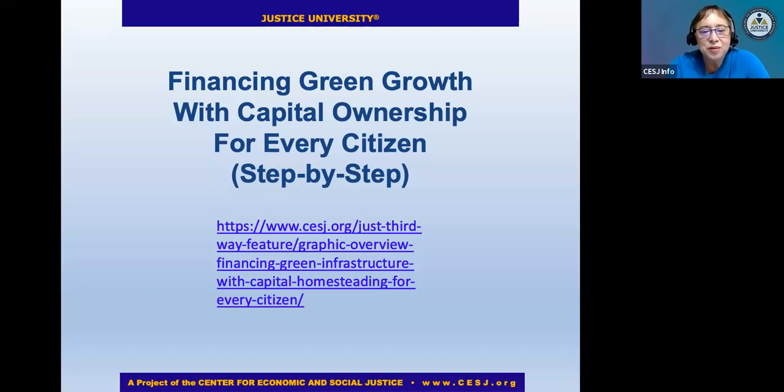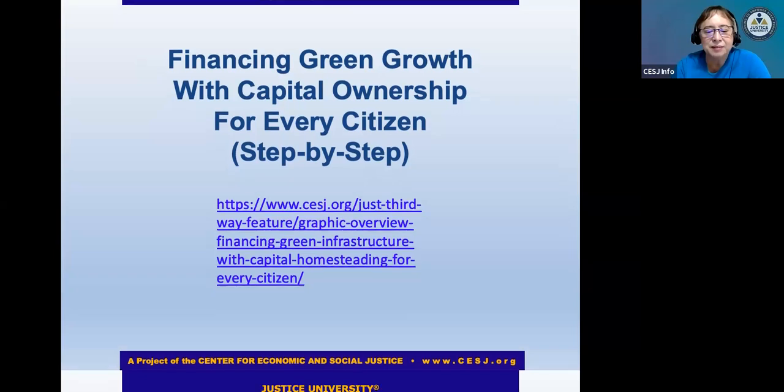So rather than going through the diagram, which I could spend really the whole session on, there's a link which takes you to an assignment, which I think was either assigned for this class or for the next, but I recommend that you go through it. We try and take it step by step, and that is how you finance green growth through capital ownership accounts and how the banking, commercial banking and central banking and insurance come into play.